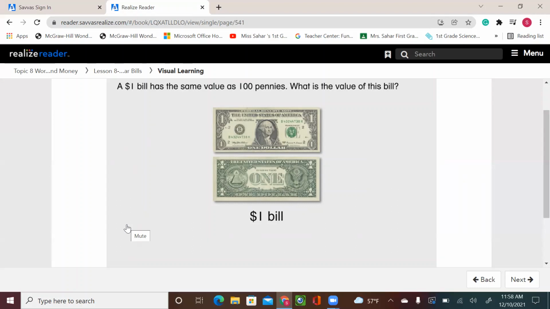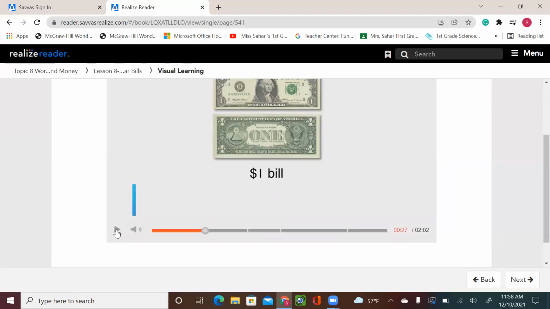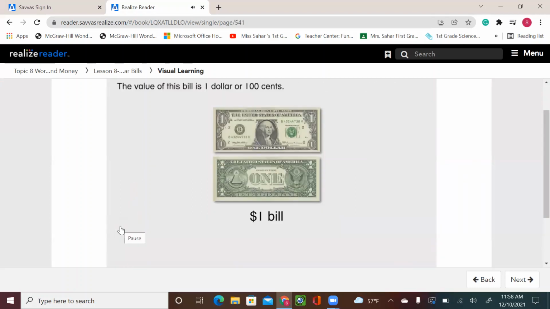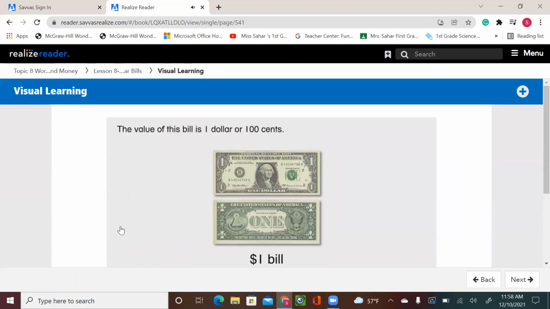So this is $1, and we say that $1 has a value of 100 pennies or 100 cents. That means this dollar is worth 100 cents. So $1 equals 100 cents. The value of this bill is $1 or 100 cents.